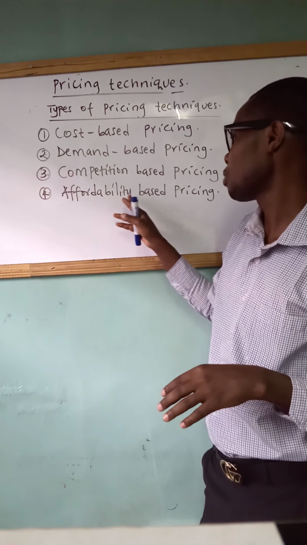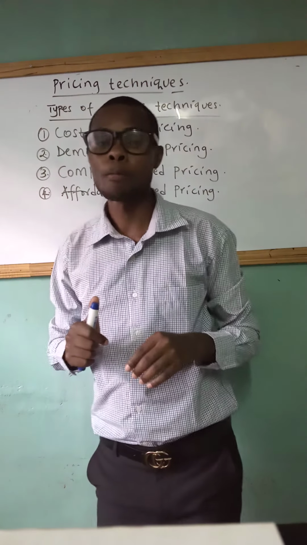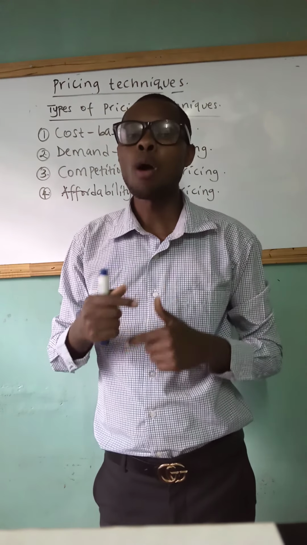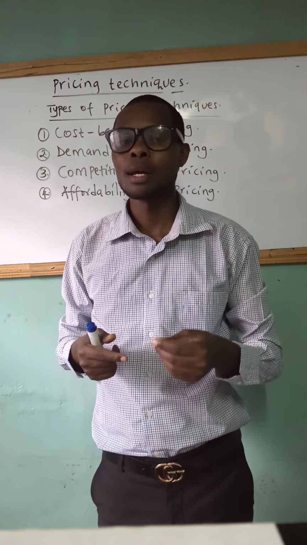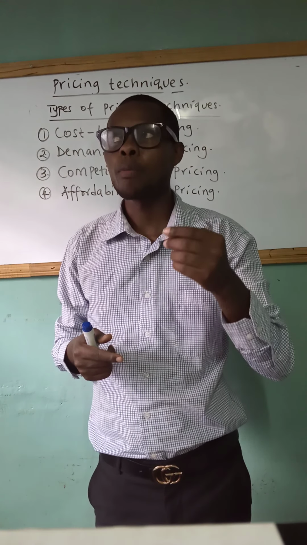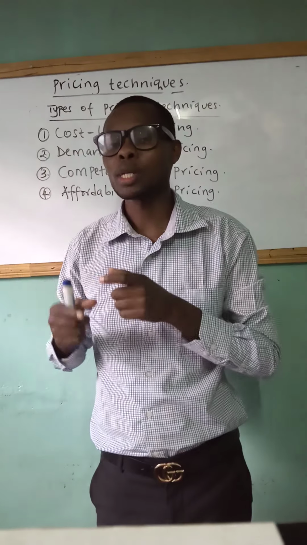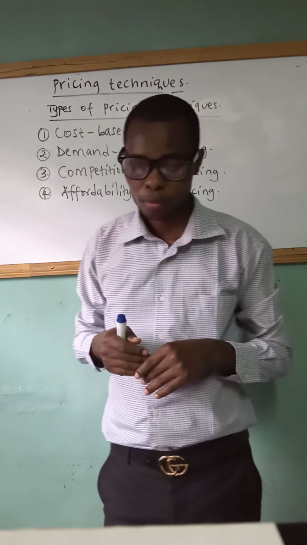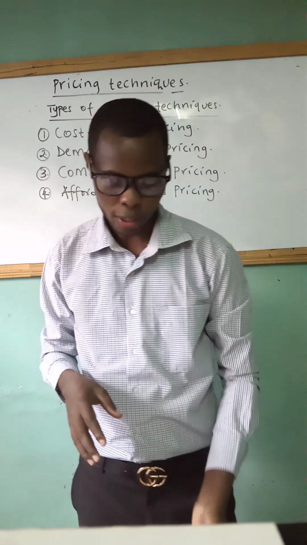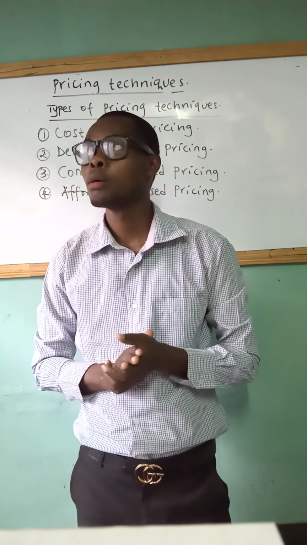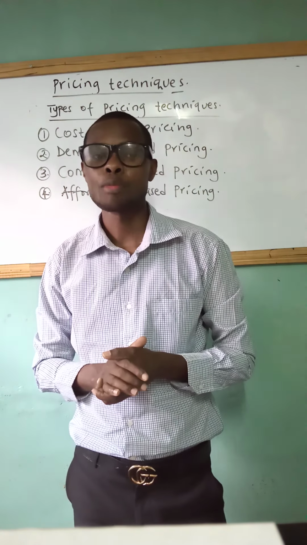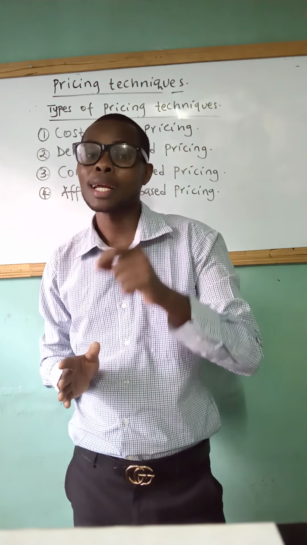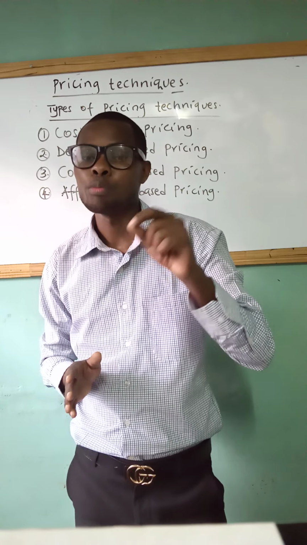Another factor is affordability-based pricing. This is where you charge based on affordability. How much can the people or your target customers afford in terms of price? That's why, for example, if you go to Hilton today, you will take a cup of tea at maybe 500 shillings. Why? Because that hotel has set its price based on affordability.